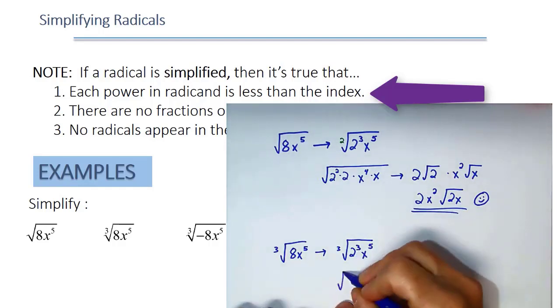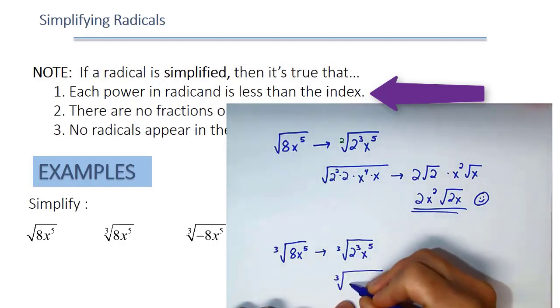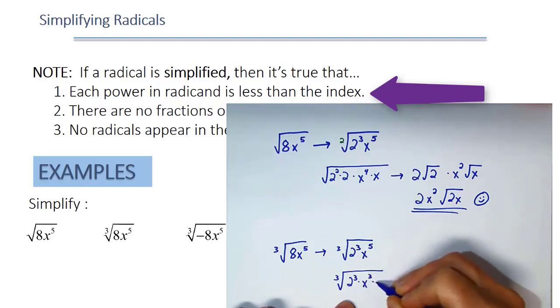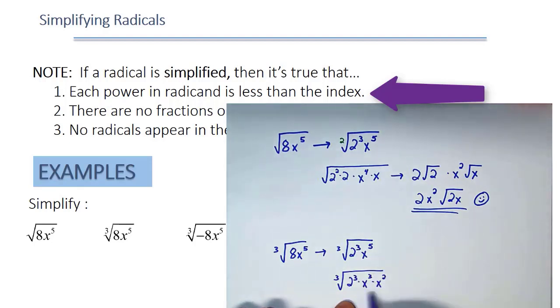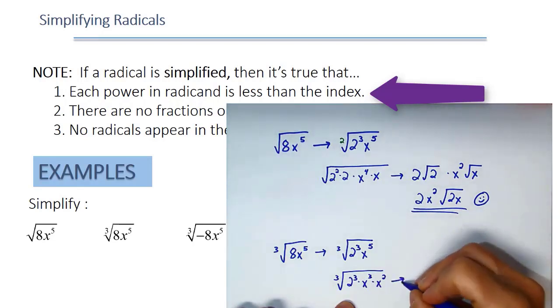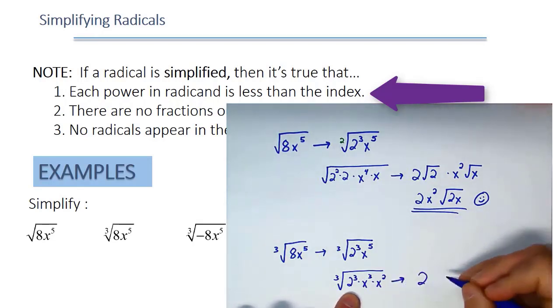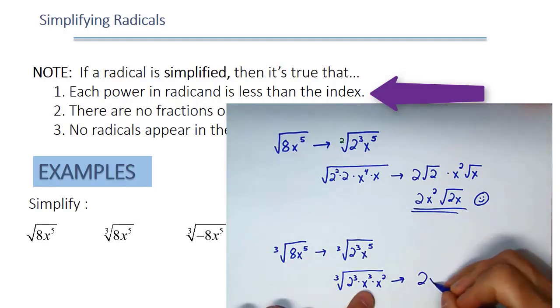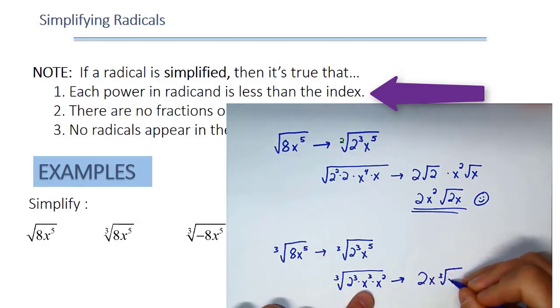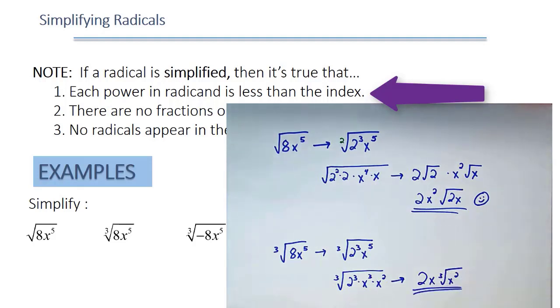That means that we would break this up and say the cube root of 2 to the third times x to the third times x squared. There's your x to the fifth. The cube root of 2 to the third is 2. The cube root of x to the third is x, and we're left with the cube root of x squared, and that one is simplified.